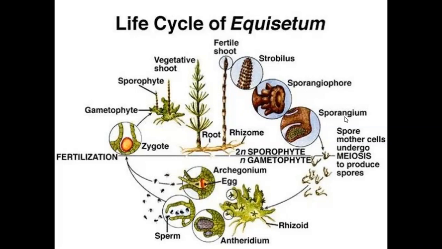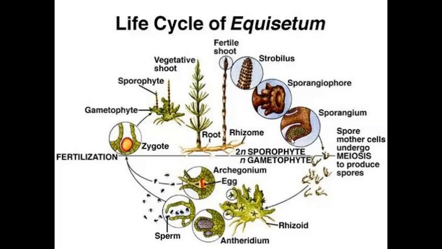If we observe the sporangium at the matured stage, it shows an epidermis and a tapetum layer. Epidermis is the outer layer, and below the epidermis, the tapetum layer is present. See, children, in this diagram the tapetum is clearly visible.